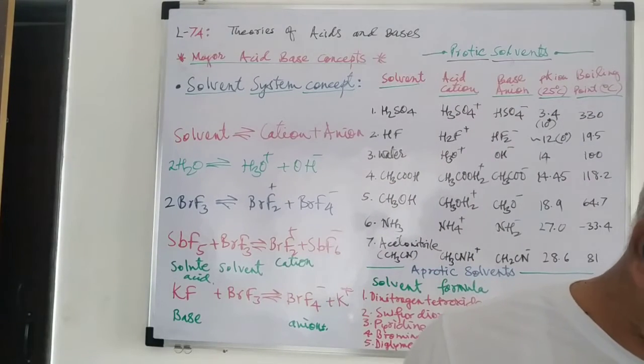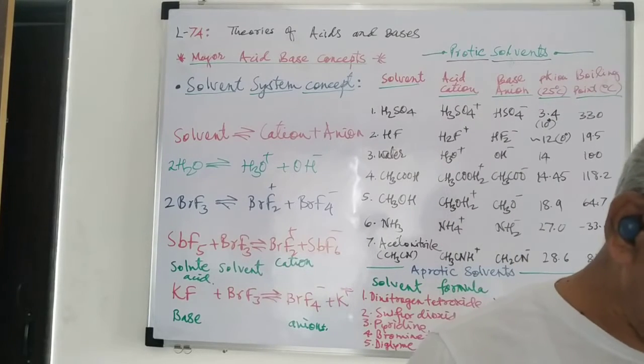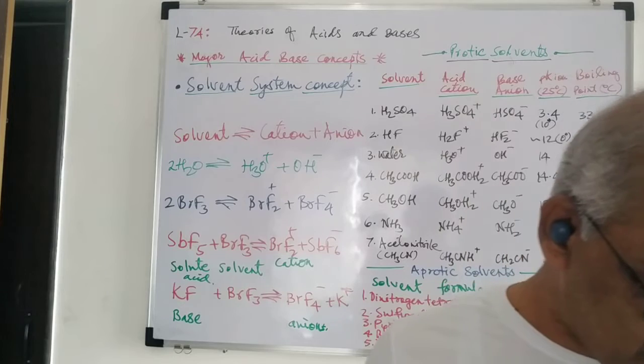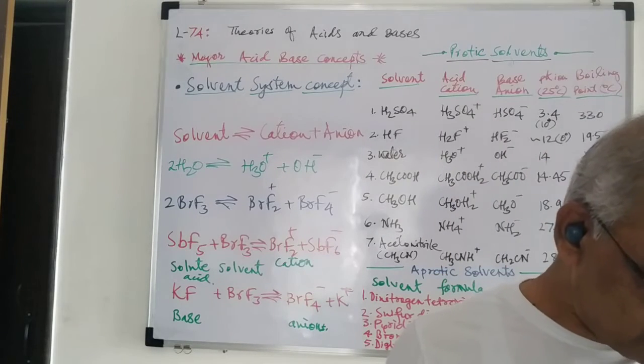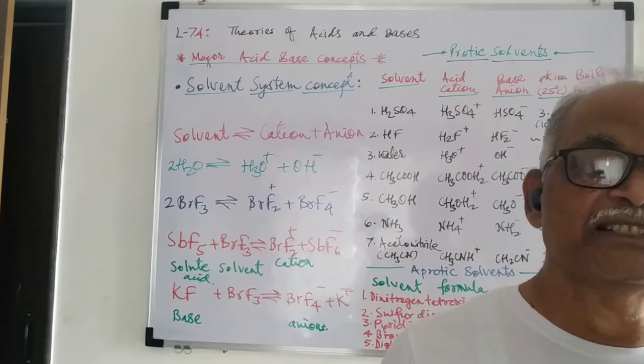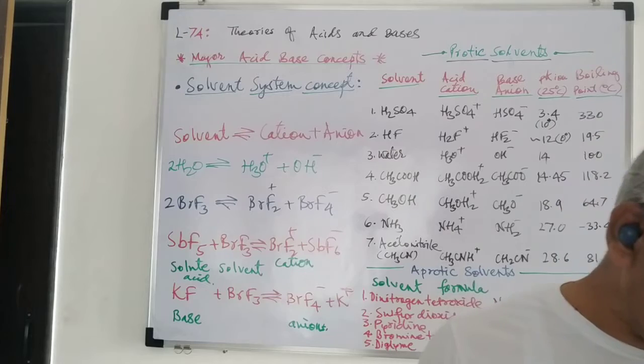So here we can have a large number of such examples. The acid-base reaction in the solvent system can also be considered as the reverse of auto-dissociation.